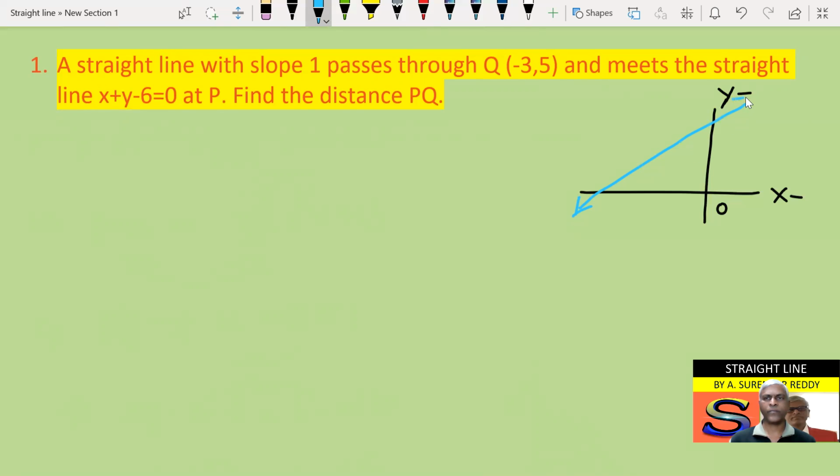This is the straight line passing through a point Q. Let us take a point Q. And there is another line.